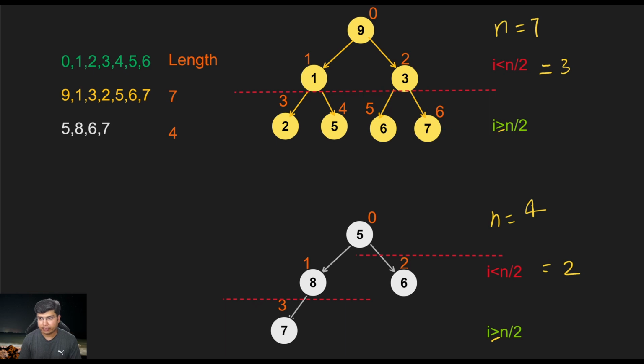And anything that is less than 3 is actually representing non-leaf nodes. This is important because leaves in themselves are heaps. They can be considered max heap or min heap.